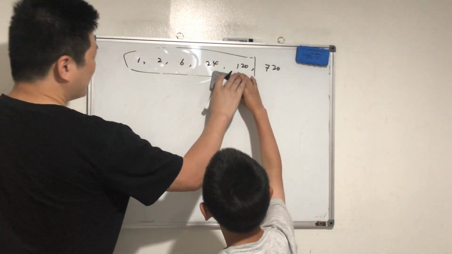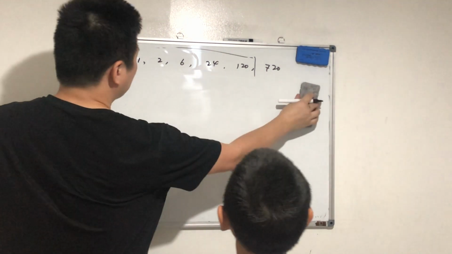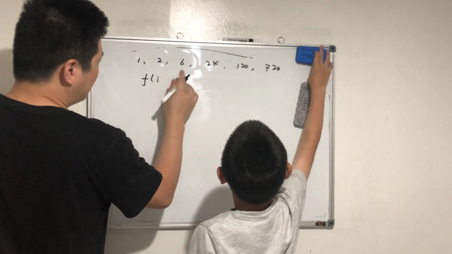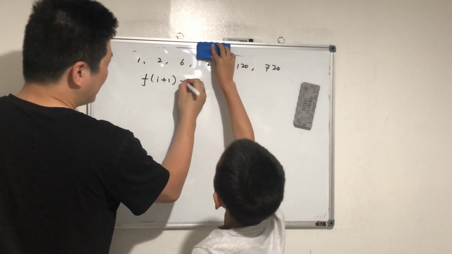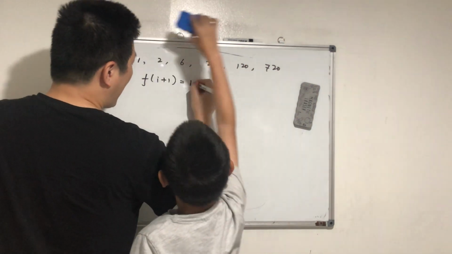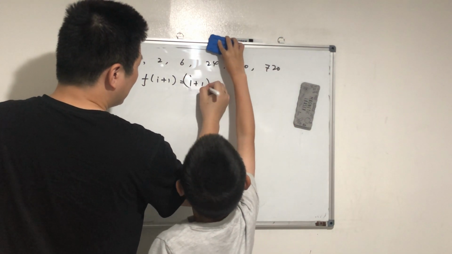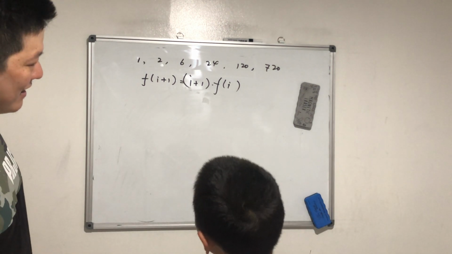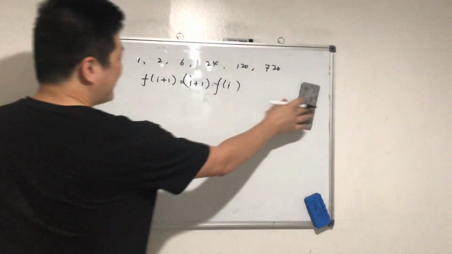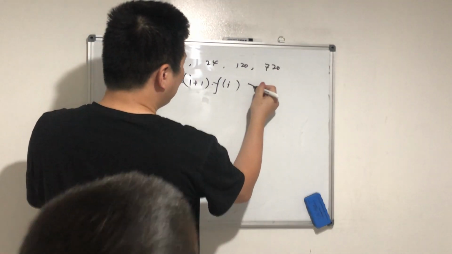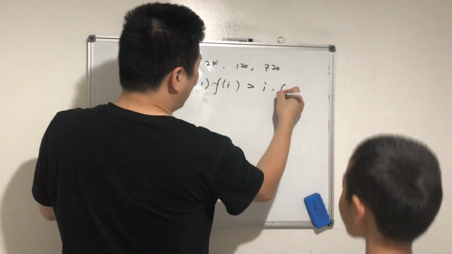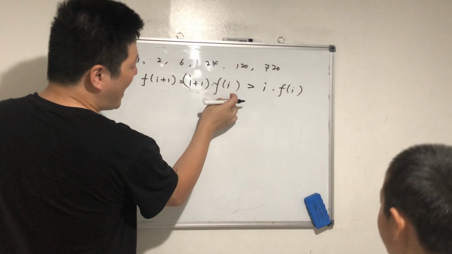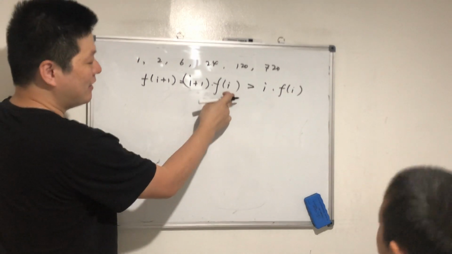Look, we can prove this. F(i plus 1) equals (i plus 1) times Fi, right? We already know that. And this is bigger than i times Fi, because Fi is a positive number.